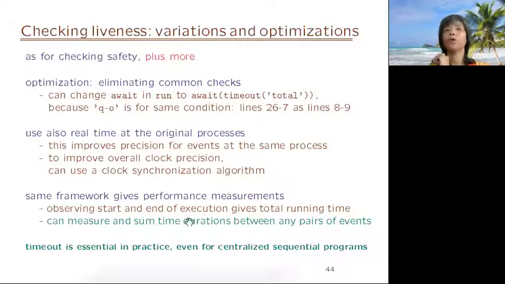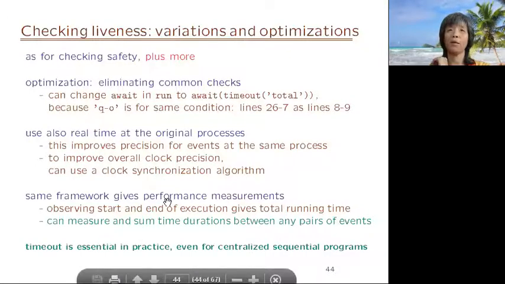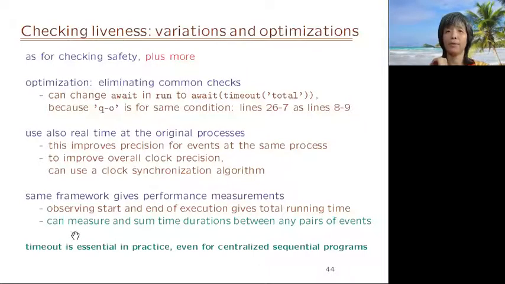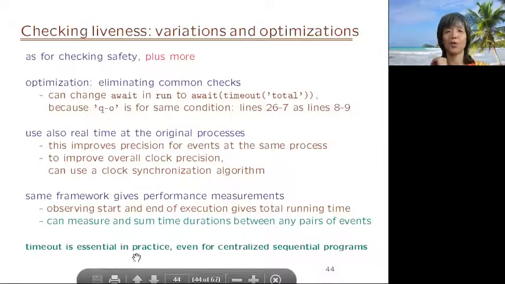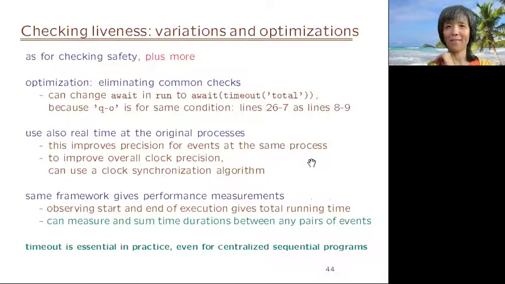So this whole thing about checking liveness really boils down to checking timeouts. In fact, timeouts are so essential in practice. Sometimes your system hangs because it's waiting for a timeout. If it didn't have one, then you would have to have a power button. And this is important even for a centralized sequential program when it runs too long or gets into an infinite loop.